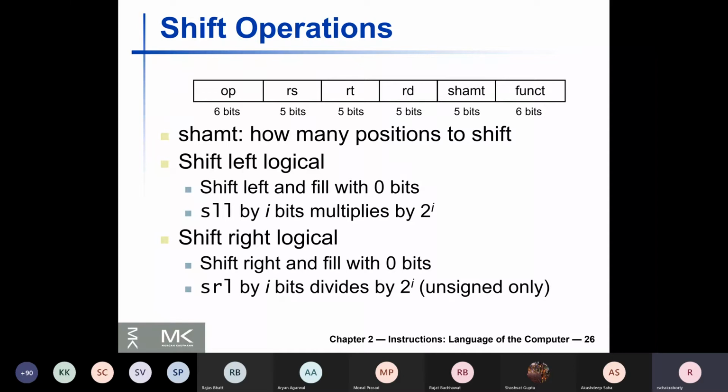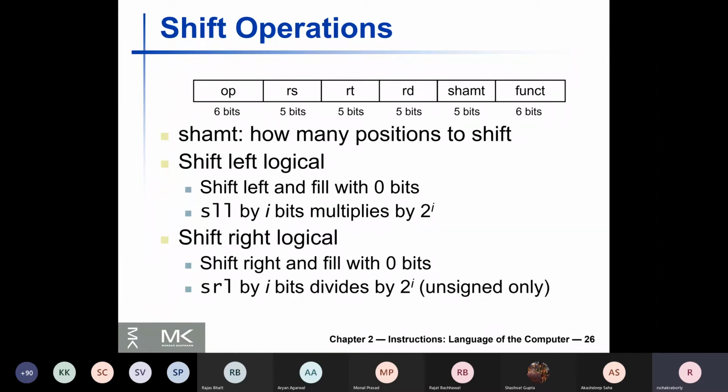Similarly, in shift right logical, by force you will fill up all the vacant positions that are being created on the left by zeros. Filling up vacant positions created on the right by zeros, as happens in shift left logical, is less problematic because filling up zeros on the right does not affect the sign of the quantity. But filling up zeros on the left, if initially it was a positive number, no problem.